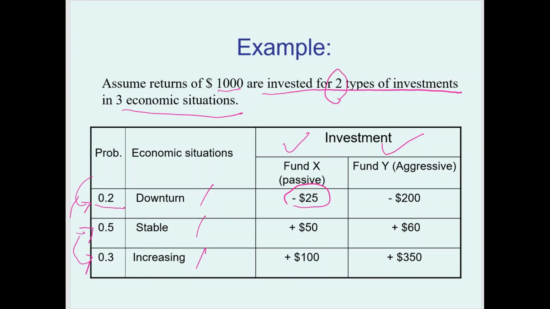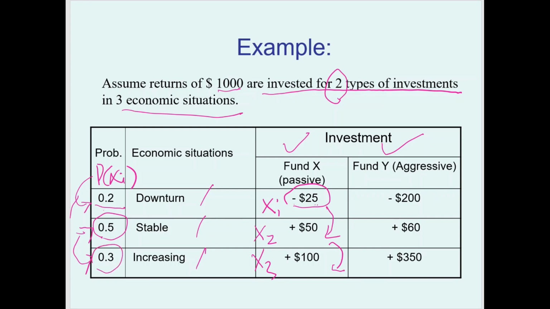So first we calculate for fund X. Negative 25 times 0.2, this is your X, and this is your P of X. So for the first one, X1, negative 25 times 0.2, plus the X2, which is positive 50 times 0.5, the probability of this event, and plus 100, which is X3, times 0.3 here.